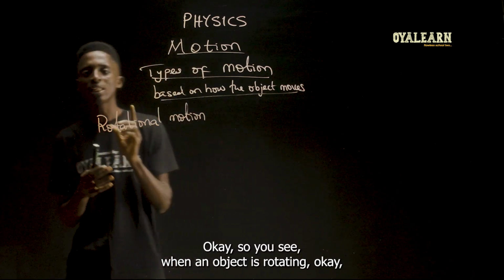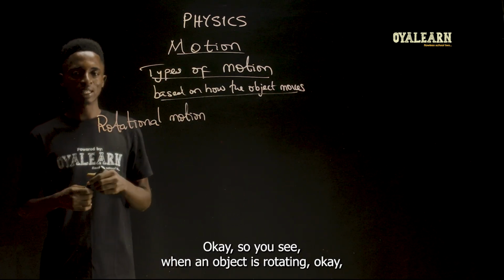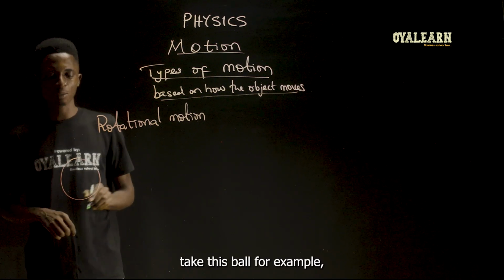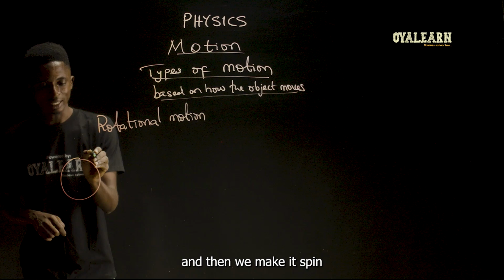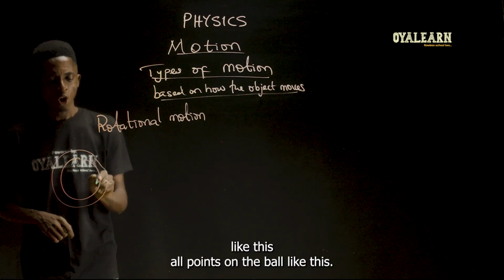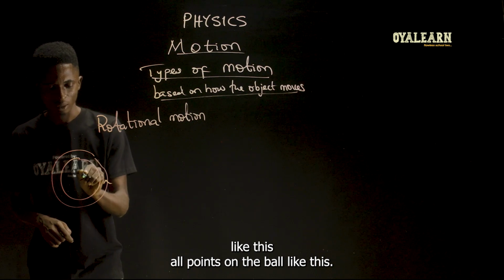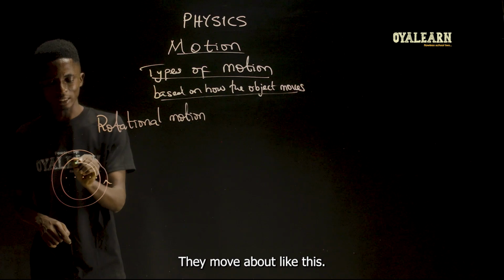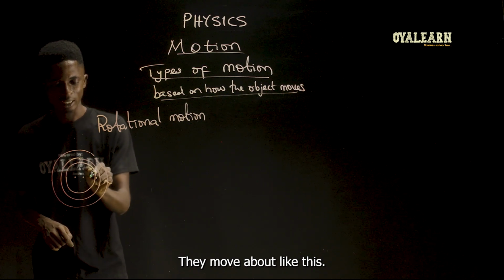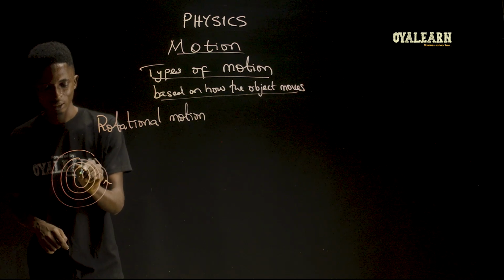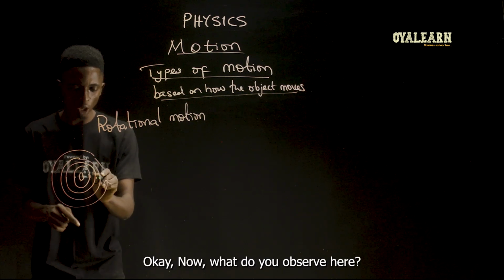Okay, so you see, when an object is rotating, okay, take this ball for example, and then we make it spin like this. All points on the ball move about like this, all of them rotating like that. Okay, now what do you observe here?